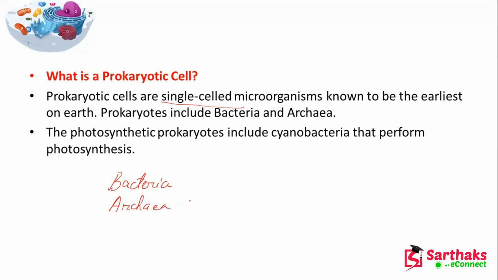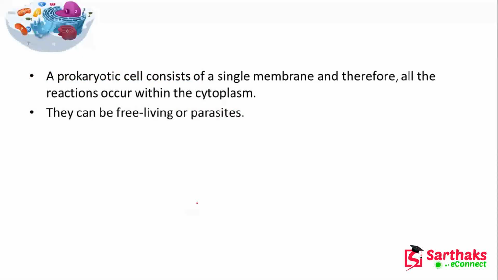The photosynthetic prokaryotes include the cyanobacteria that perform photosynthesis. A prokaryotic cell consists of a single membrane, therefore reactions occur within the cytoplasm, according to the functions. And they can be free living or parasites also.